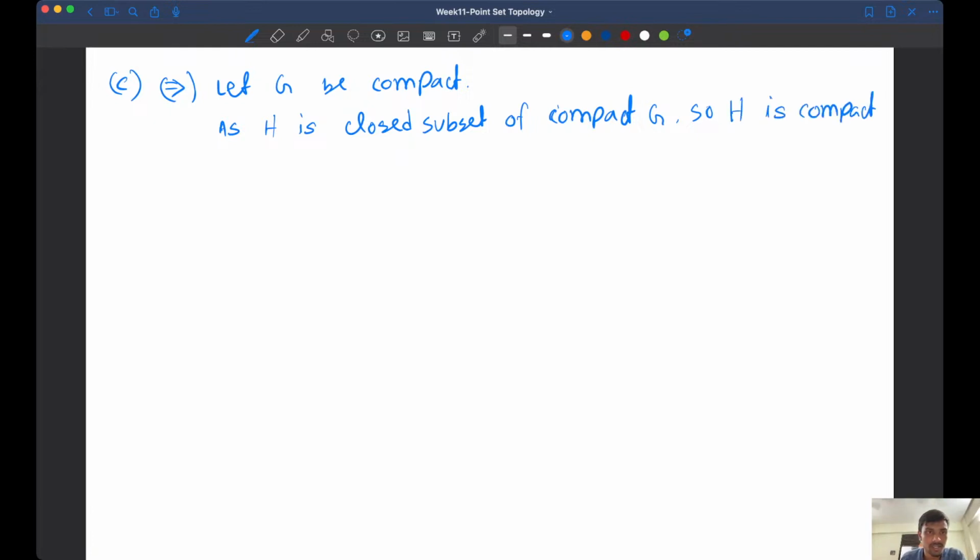And as you say, the quotient map q from G to G mod H is continuous and onto.